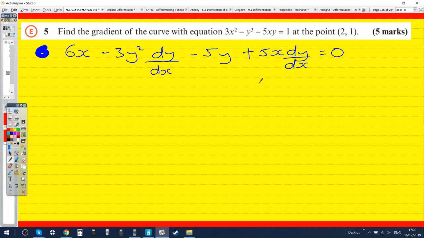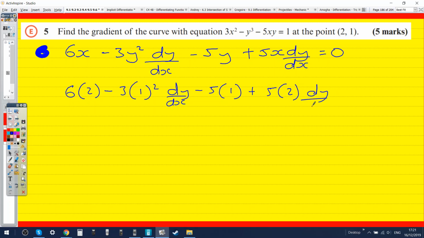And then you have 6 times 2, because you have to substitute 2 and 1 into there. Minus 3, 1 squared dy by dx, minus 5 times 1 plus 5 times 2 dy by dx, still equal to 0.